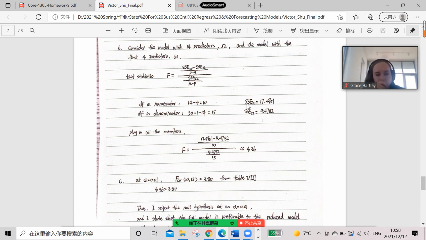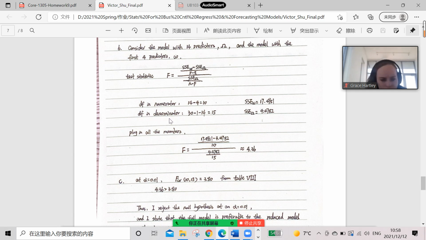And again, the SSE omega is 17.4951. It's probably given because you cannot calculate that manually. You have to use software to find SSE. You should understand it as the SSE of the model with 4 predictors. Run a regression in Minitab, and it's given in the software.